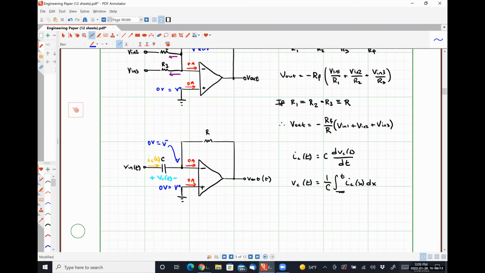What's the relationship between Vc of t and Vn of t?